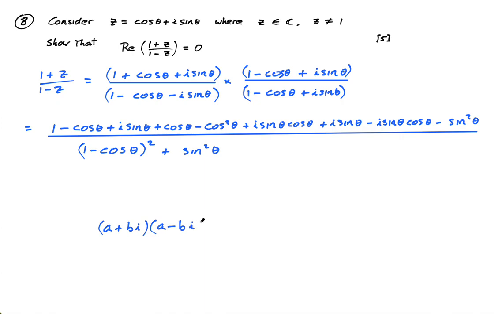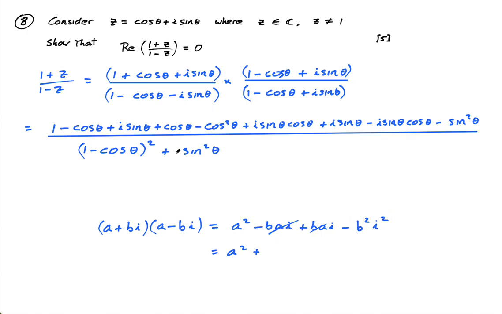Now the reason is because, look, in the denominator I'm essentially doing a plus bi times a minus bi. And what I get when I do a plus bi times a minus bi is a squared minus abi plus abi, and then minus b squared i squared. These cancel, and I'm left with a squared minus, and because it's i squared, it's minus 1, so it's minus minus, which is plus.